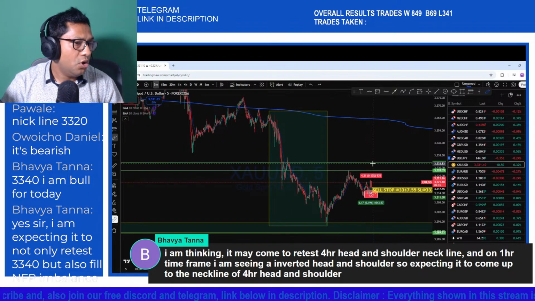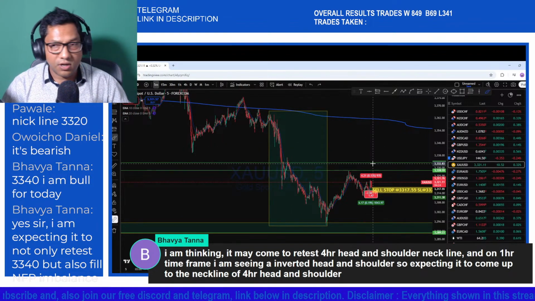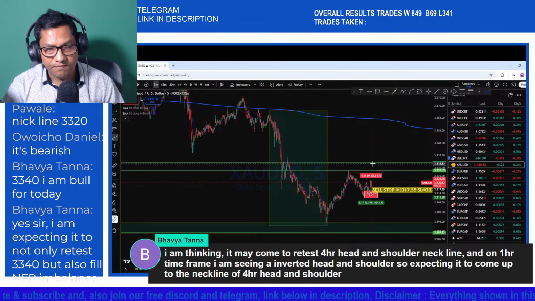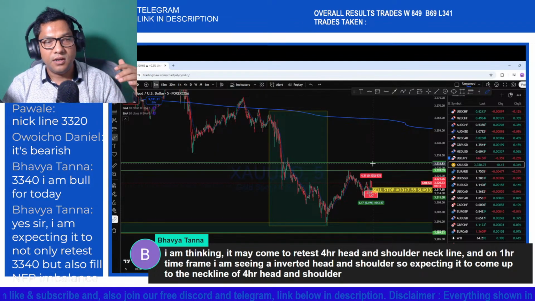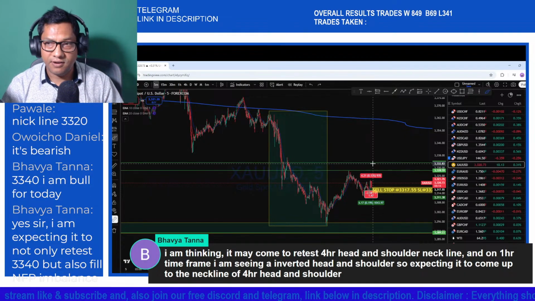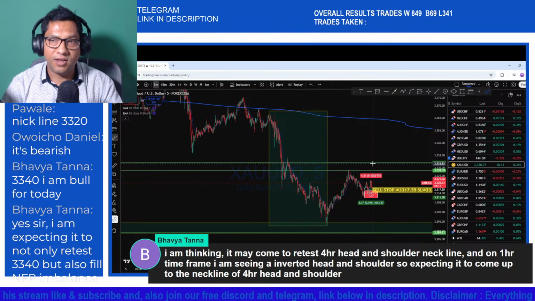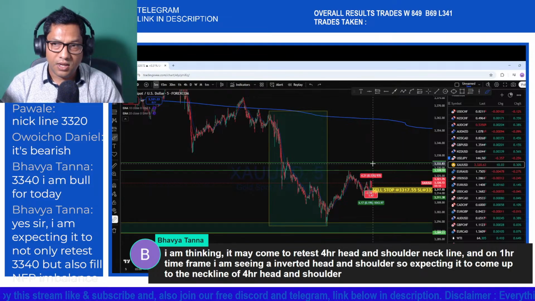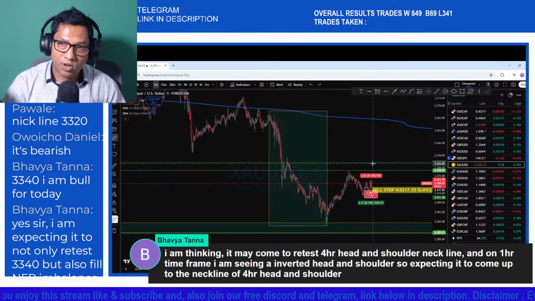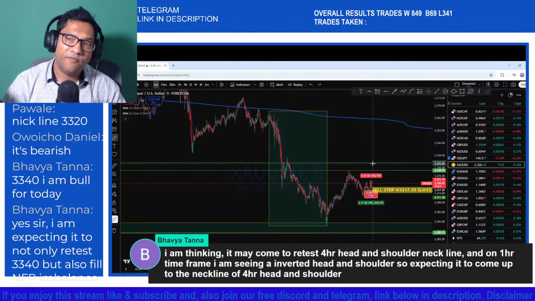Because in regular life, if you go to the market to buy something, when we see that the price is low, we think of buying, right? If the price is high, we don't. In trading, it's the other way. The lower is potentially to go further lower.